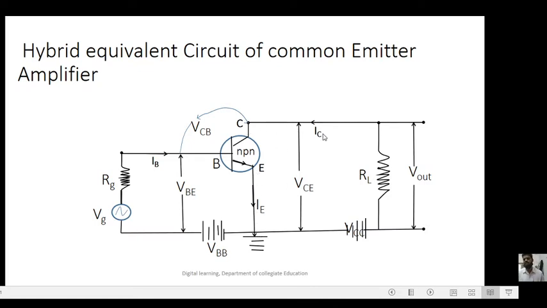IC is the collector current, which flows from the VCC battery to the collector point. VCE is the voltage measured across the collector to emitter, and VBE is the voltage across base to emitter.